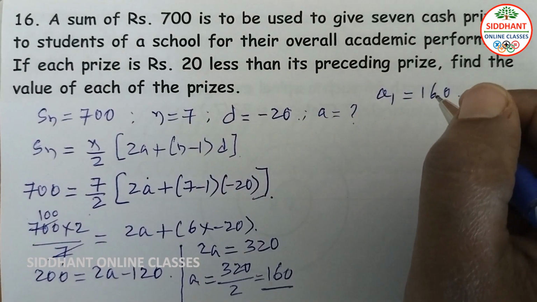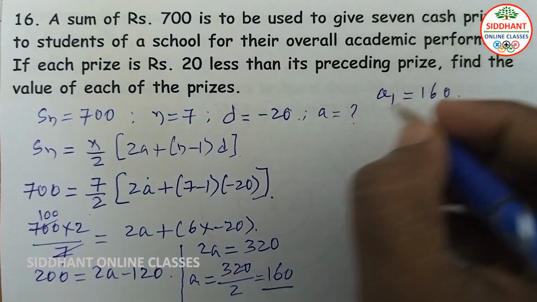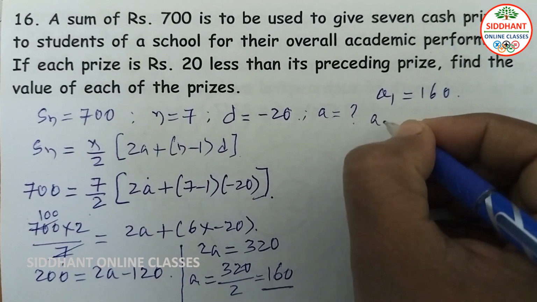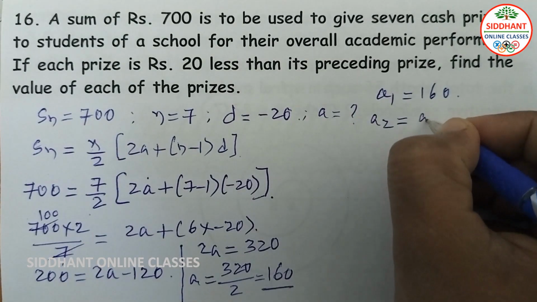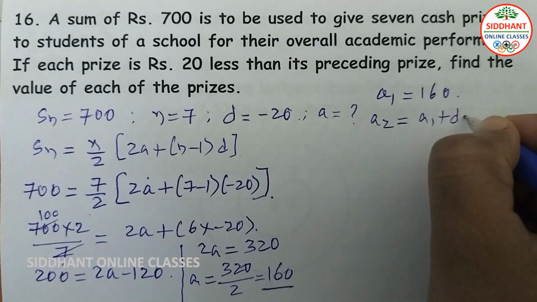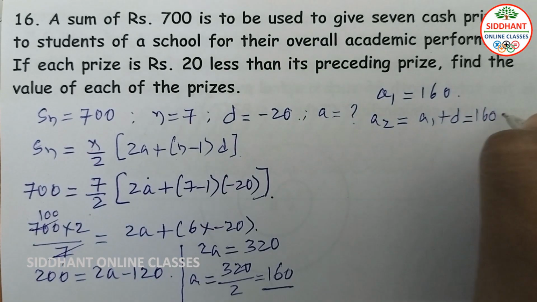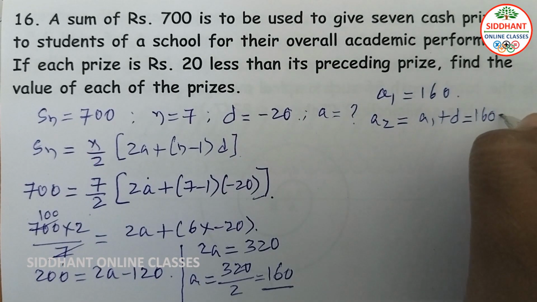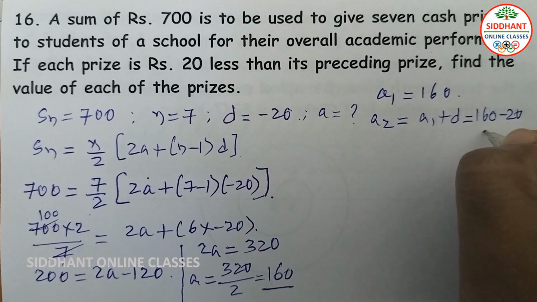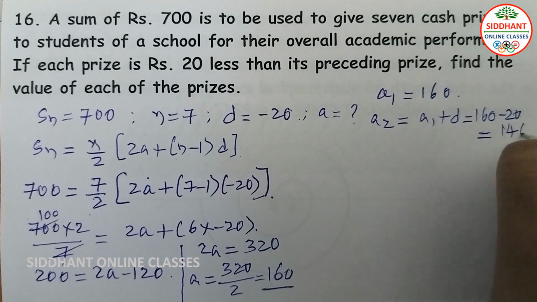Now we are going to find out the 7 cash prizes. That means a2, if you are going to see, a2 is how much? a1 plus d, that equal to 160, d is minus 20, so that is equal to 160 minus 20, which will be 140 here.